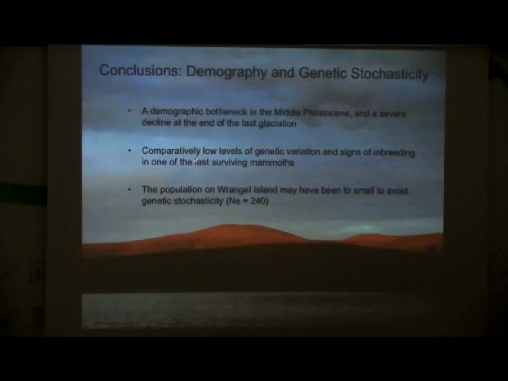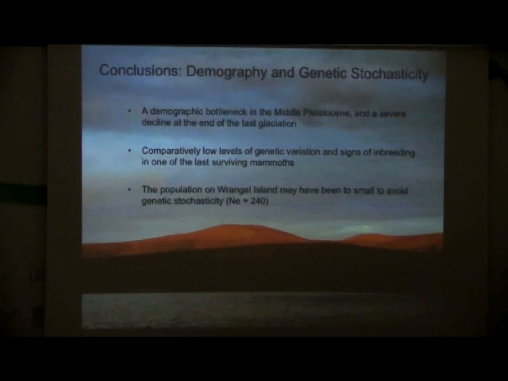And which I didn't show you, but we can also use this genome data to infer the effective population size on Wrangel Island during these last 6,000 years. And our mean estimate is about 240 effective mammoths.